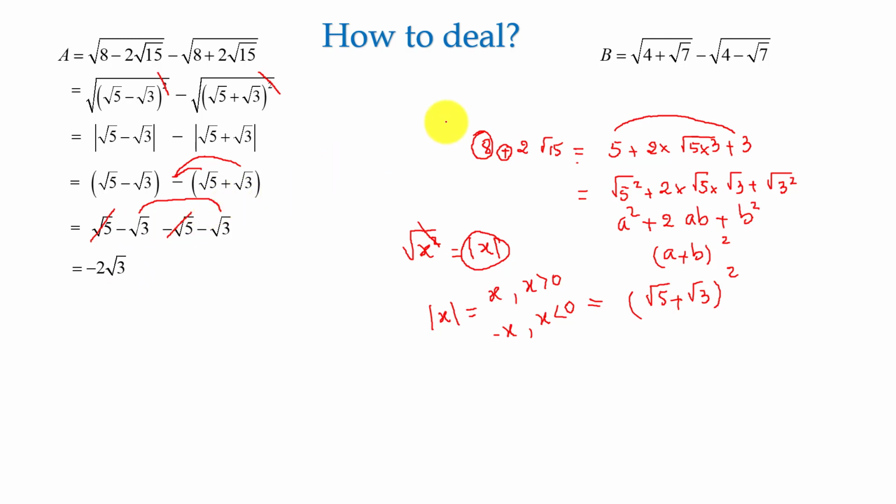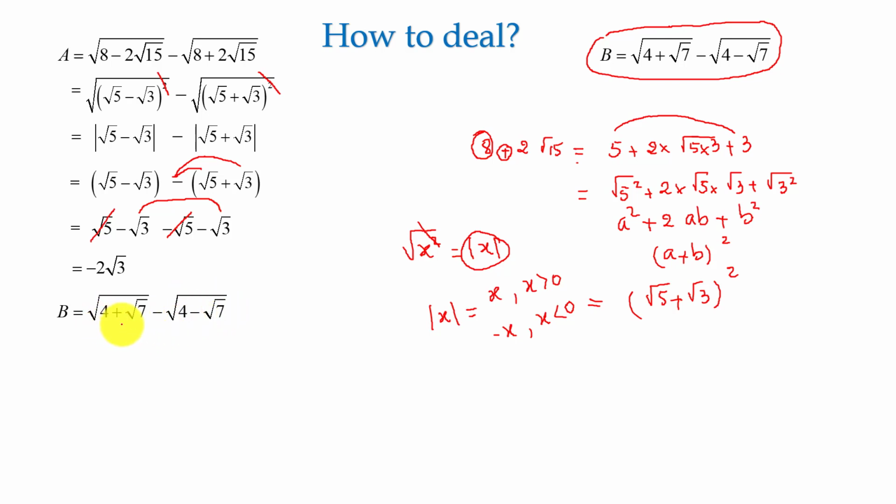And now we find the value of expression B. It equals square root of 4 plus square root 7, minus square root of 4 minus square root 7.